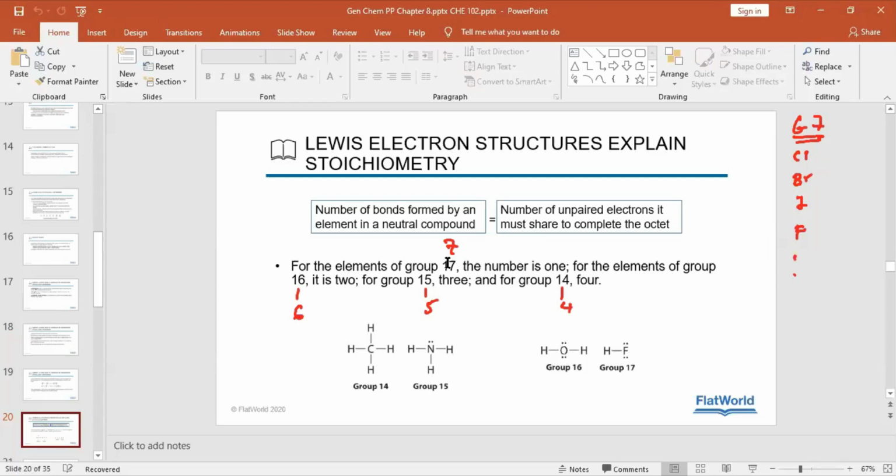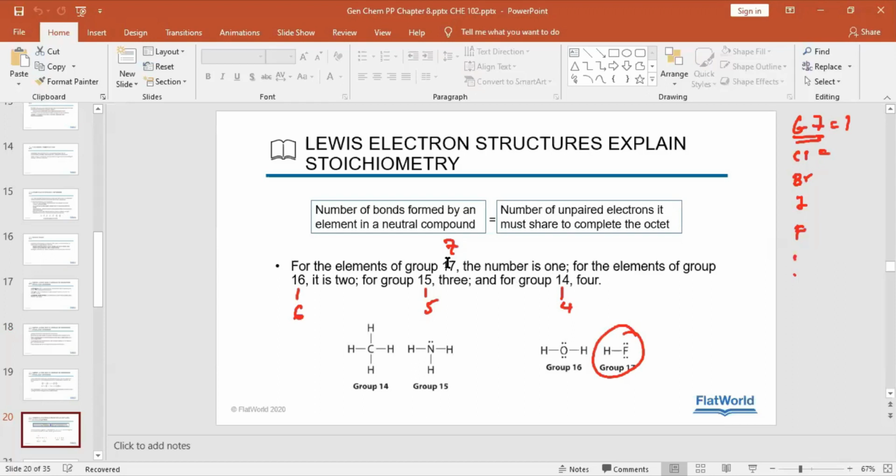So for the elements of group 7, the number of bonds is going to be 1. For example, you have hydrogen and fluorine over here.